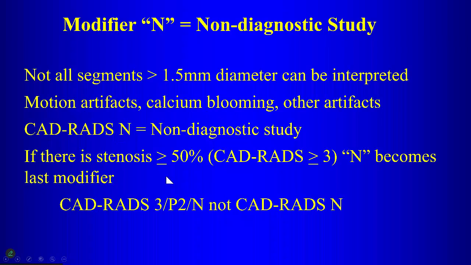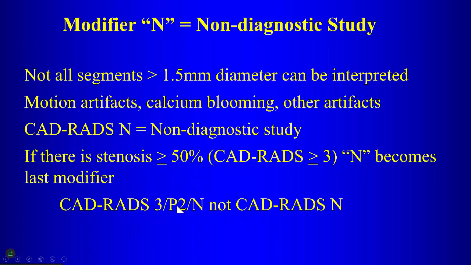However, if there is somewhere a stenosis greater than 50%, right, that would get a score of 3, if it's just slightly greater than that. N becomes the last modifier. So let's say you have a 50% stenosis, you give it a score of 3.